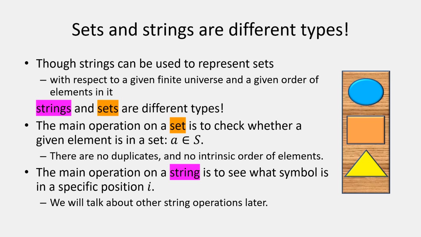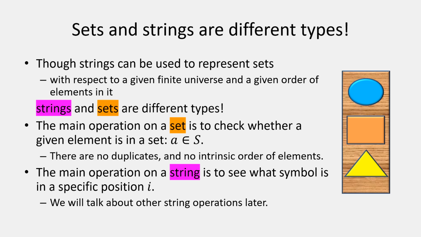So we talk about strings representing sets, but remember that sets and strings are different types. So if you're given a string in general, and you're not told that this string is a characteristic string of a set, you should view it as something of a very different nature than a set. In particular, for a set, the main operation that you would do is check whether a given element is in the set.